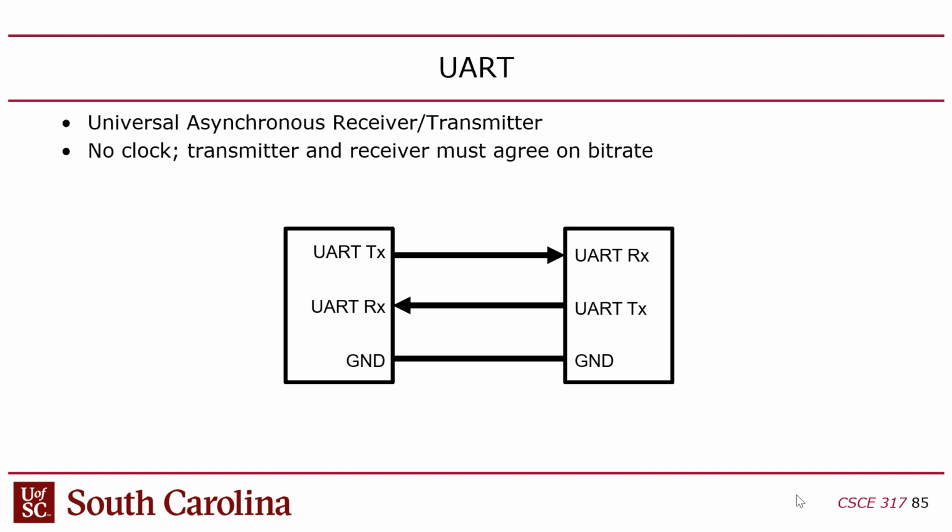I don't know if you've ever used UART before, but the problem is that both sides of the connection have to agree on the clock rate. One side will generate data based on its clock, and the other side will receive data based on its clock, and if those two clocks don't match, then it doesn't work. But there's no way to detect that other than it just doesn't work.